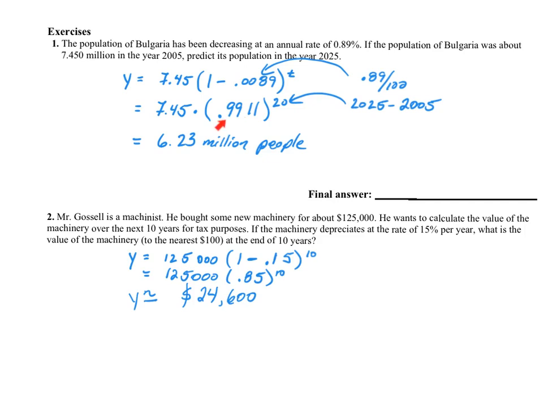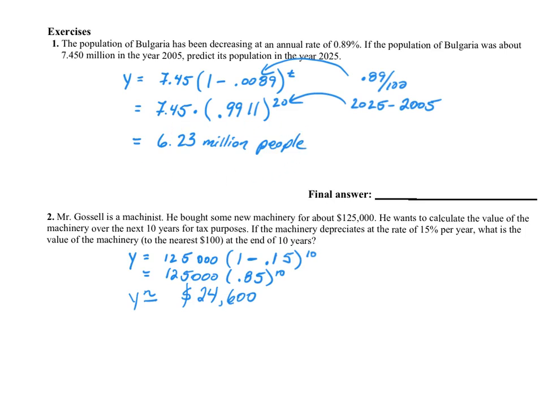So a number that's less than 1, so we know we're decaying, and we want to know what that population is going to be after 20 years. We started measuring the population in 2005, and we're finishing it 20 years later. So after 20 years, our population of Bulgaria is going to be 6.23 million people. So initial, decreasing, 1 minus, how much time, final answer.